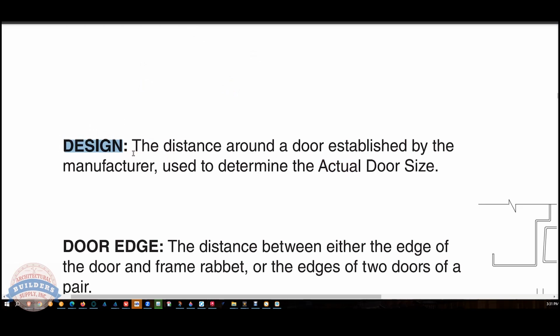In the commercial world, that's never going to be the actual size of the door that I'm aware of. In the residential world, yes, you very likely are going to have a design or nominal size the same as the actual door size, except the size of something in the commercial world is not going to be the size of something in the residential world.